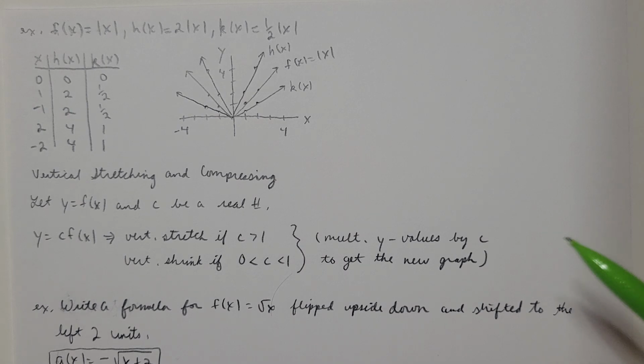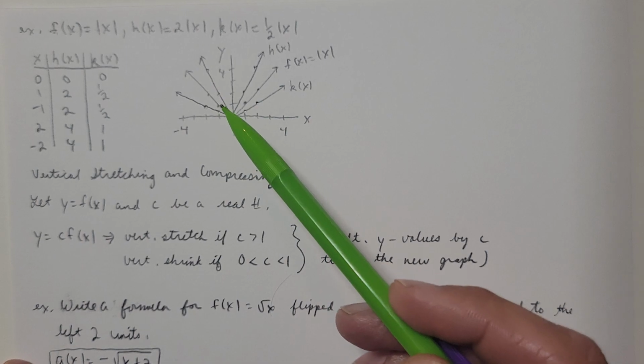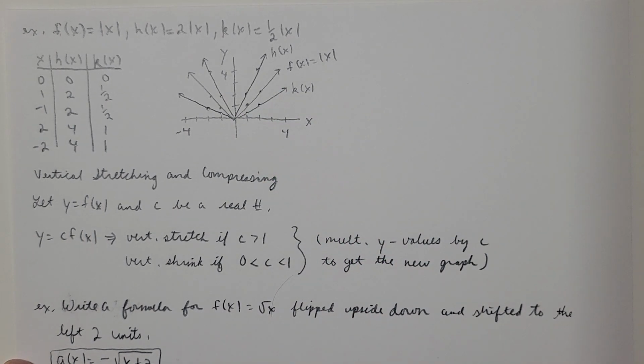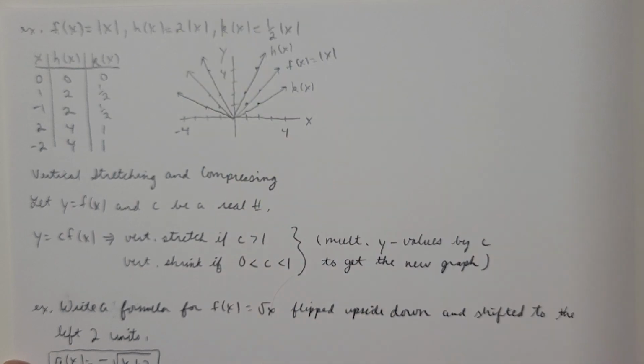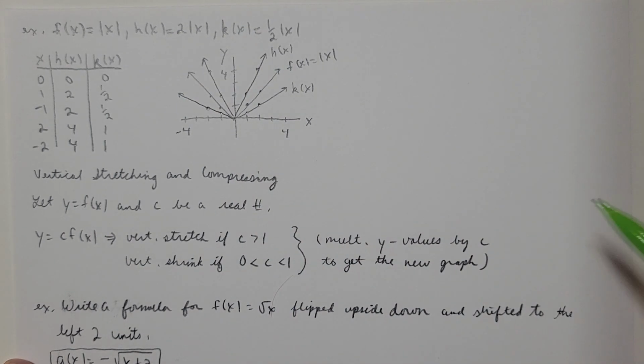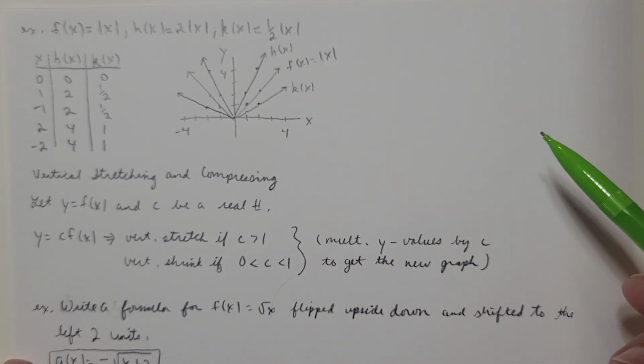Check it out. I have y equals the absolute value of x. That's this v. And in h, c is 2. So I need to multiply all the y values by 2 to get the new graph of h.